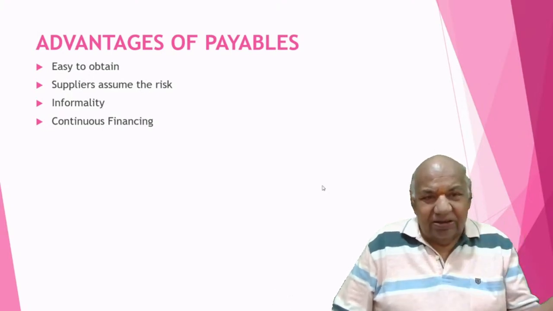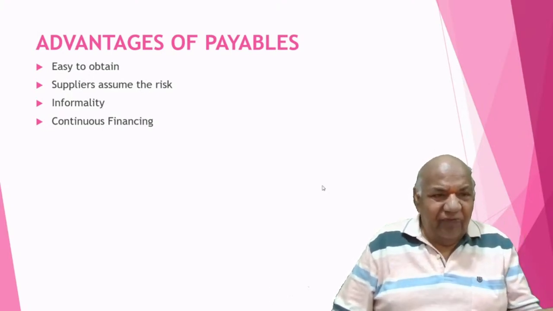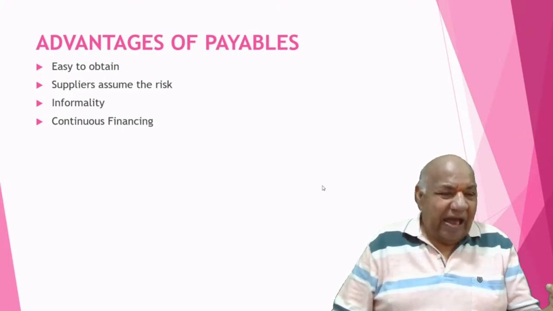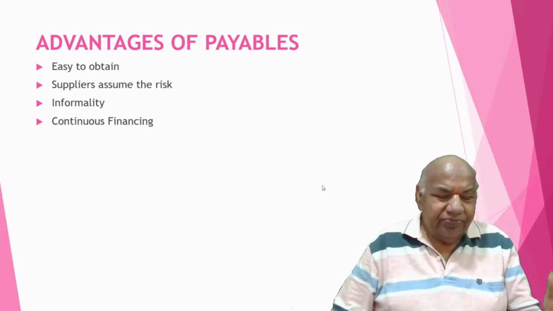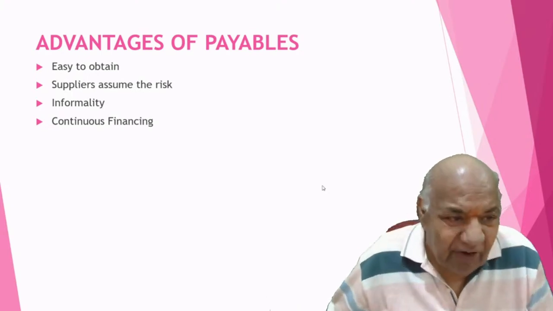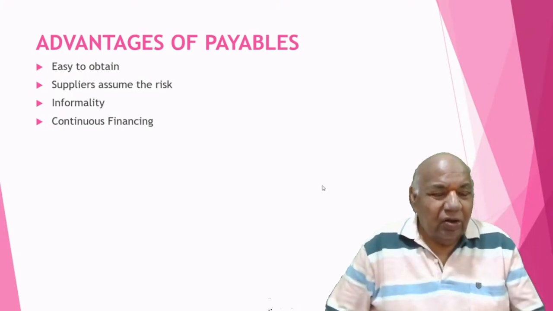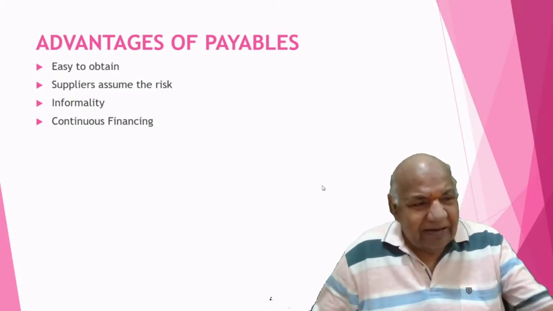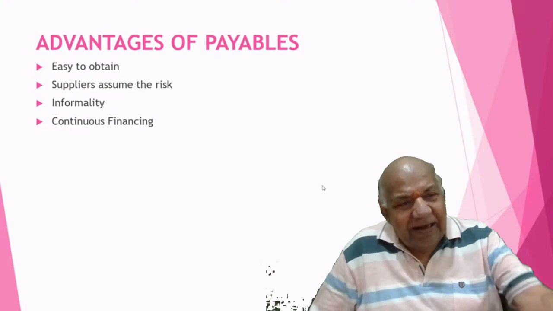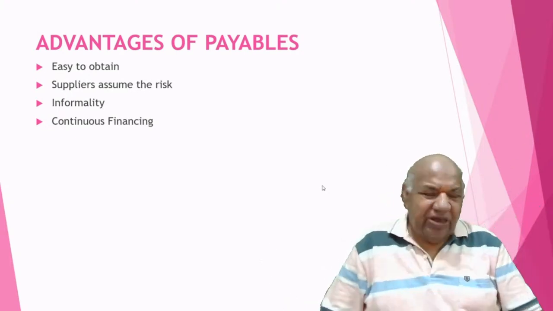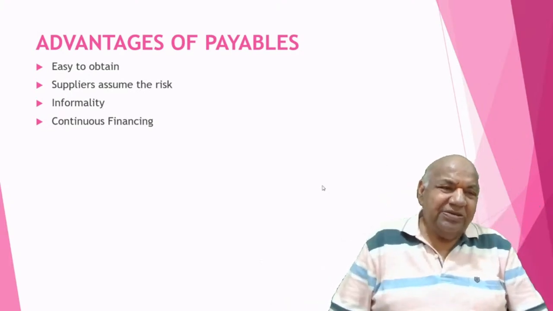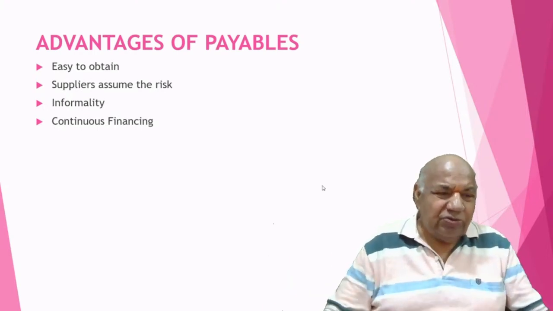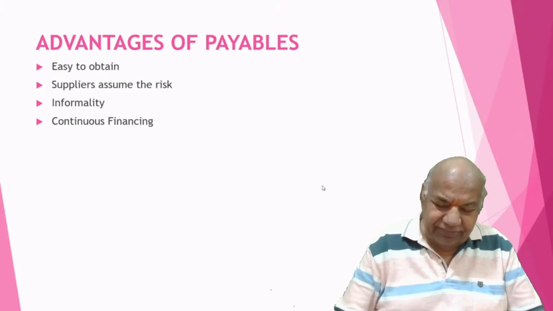Informality. The payables are informal type of credit and continuous financing. One payment is made and at the same time another supply is received. Means this credit continues forever.